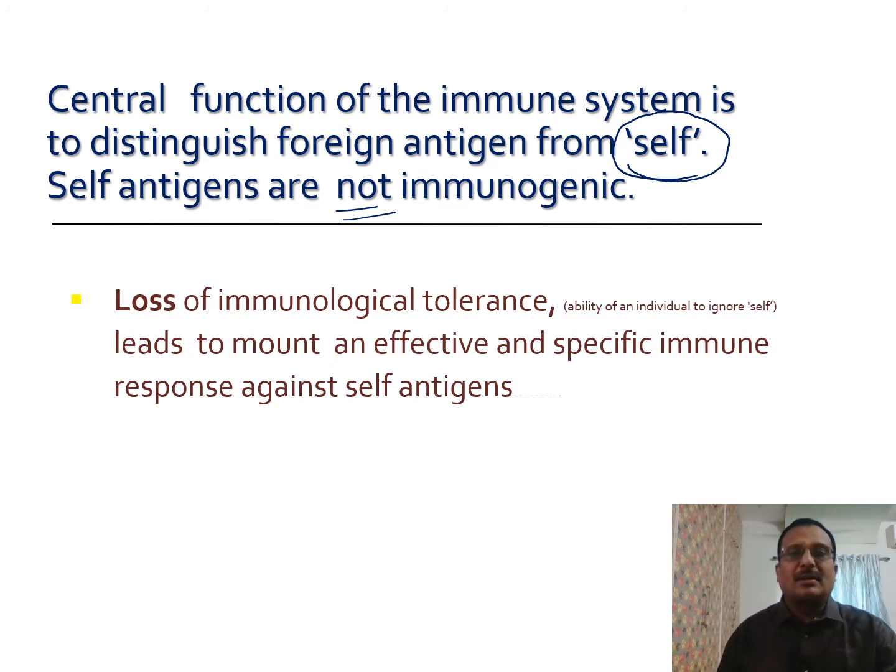This property, that the self antigens won't react with the self T lymphocytes, is known as tolerance. Loss of this kind of immunological tolerance leads to an effective and specific immune response against the self antigens, and this results in autoimmune diseases.